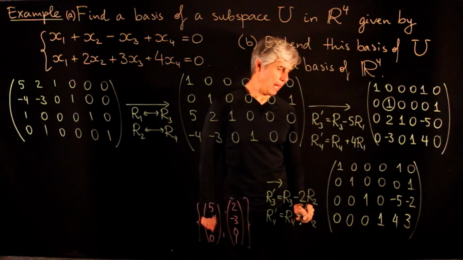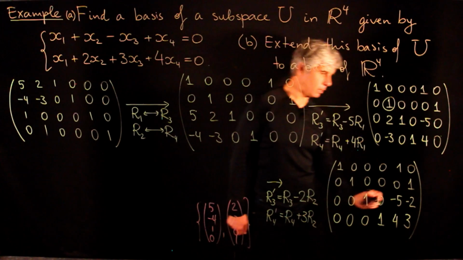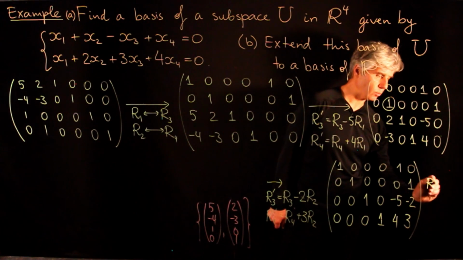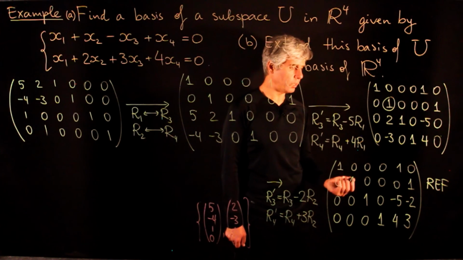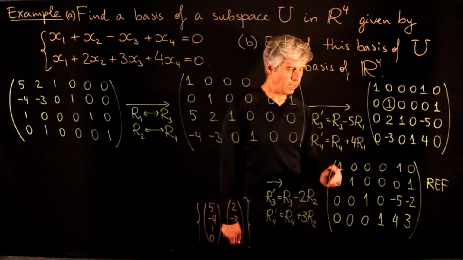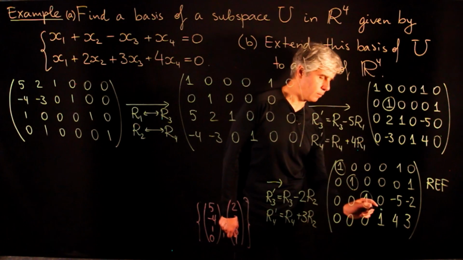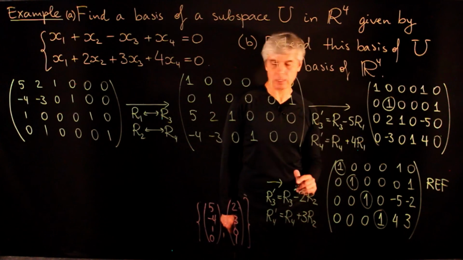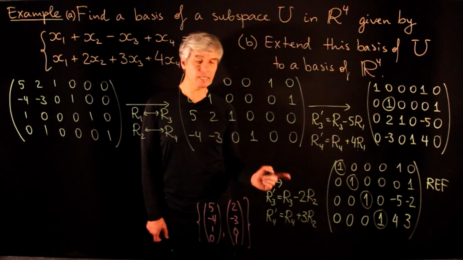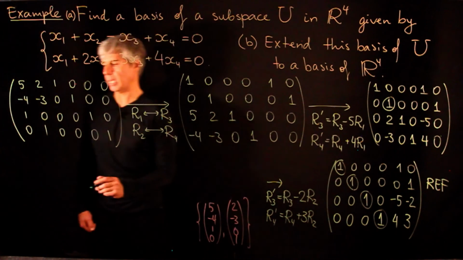All right. And so this matrix is in row echelon form. Well, this is reduced row echelon form, but really all we need is row echelon form. And so what we see is that the first 4 columns have pivots. And so this tells us what's the basis of the column space of the original matrix.